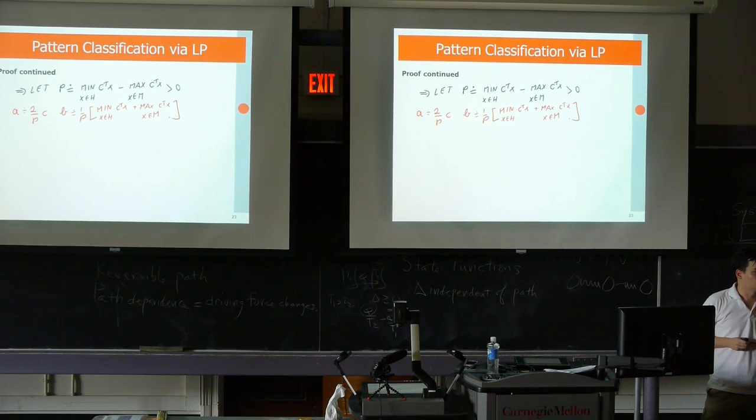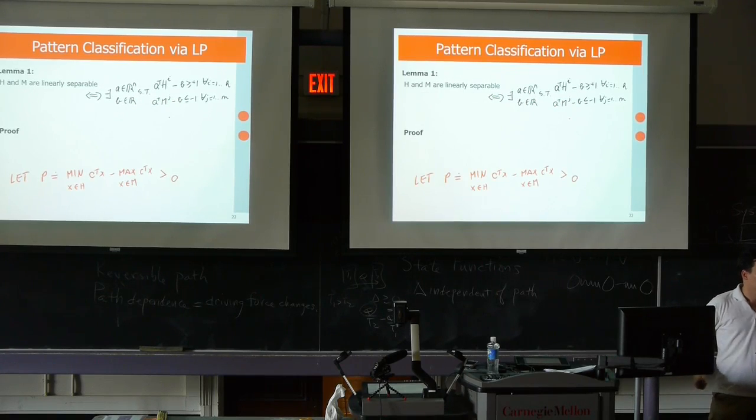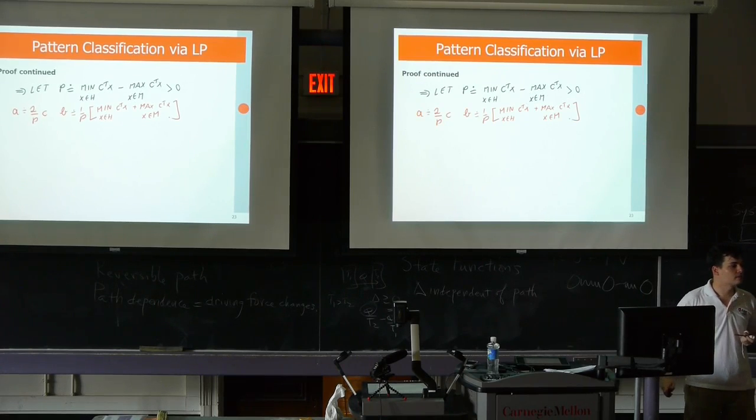Otherwise it would be difficult to divide by it. It can't be 0. So this is how we define A and B. And now we just need to prove that this A and B will be good for us to have these properties here. Definition of A and B is clear.